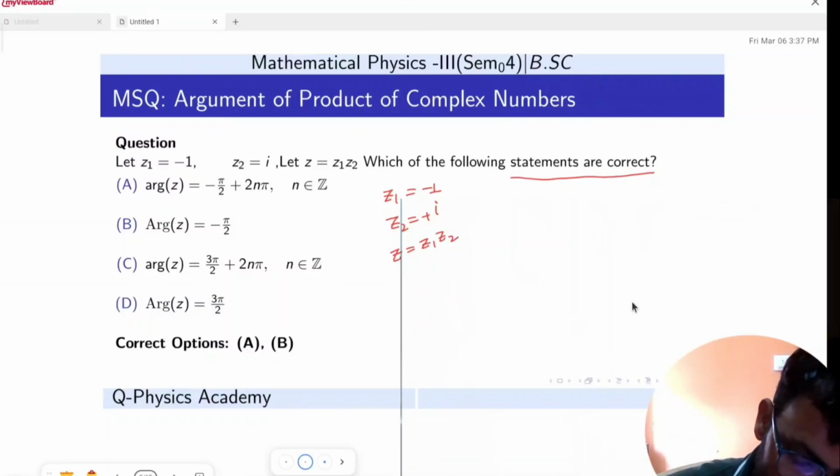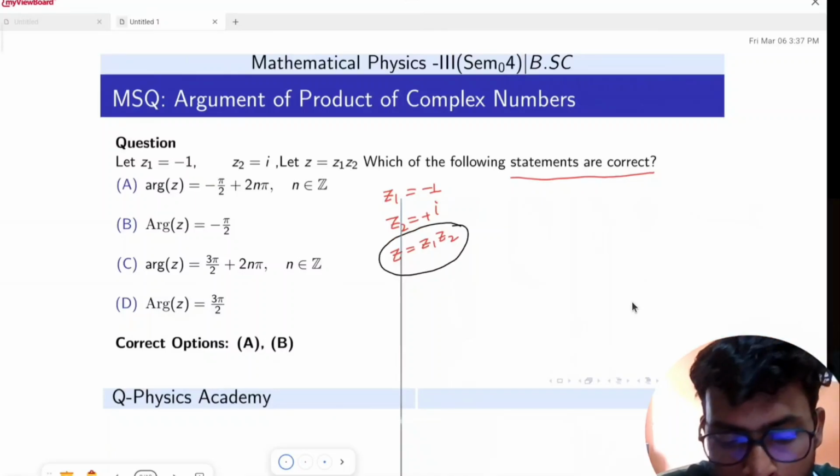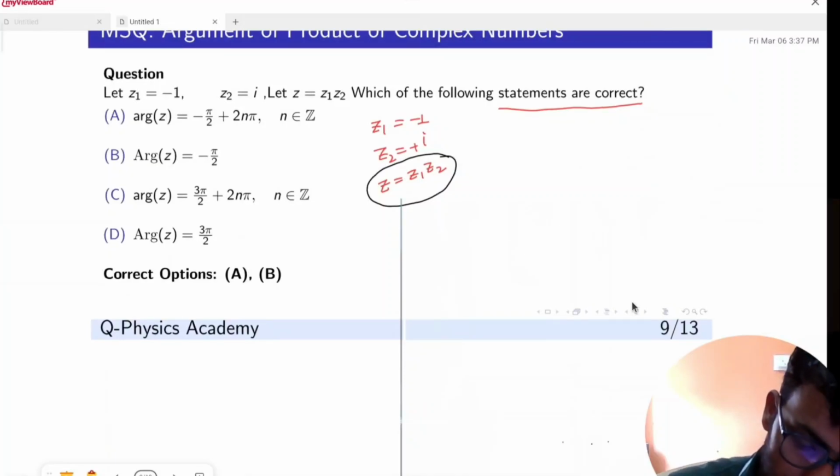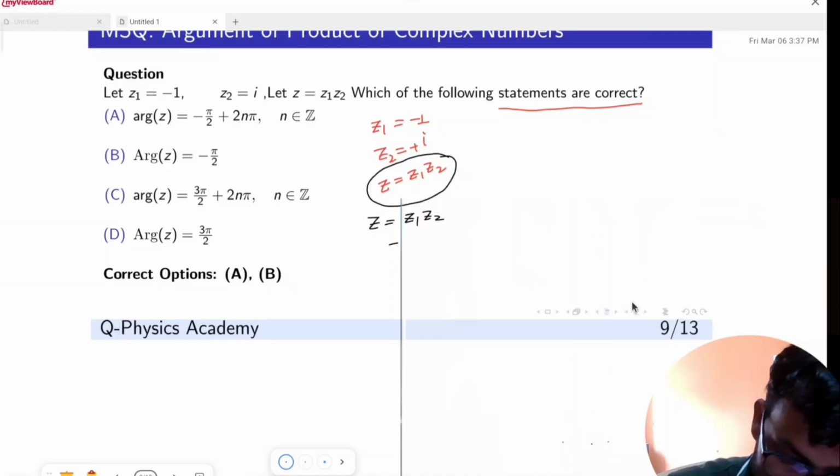First of all, calculate z, the product of these two complex numbers. So z equals z1 z2, which equals minus 1 into i, so it equals minus i.